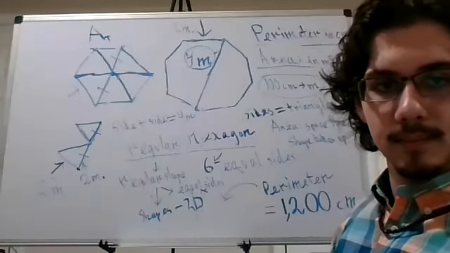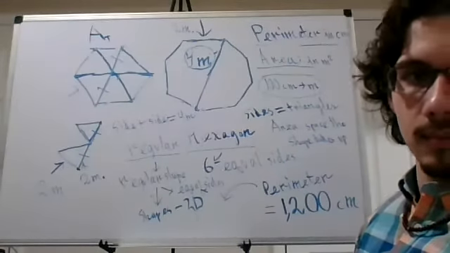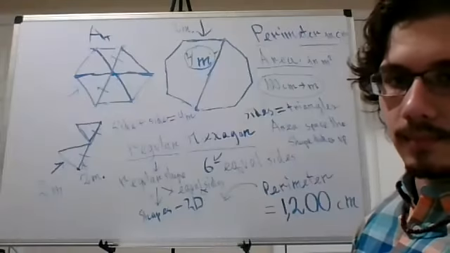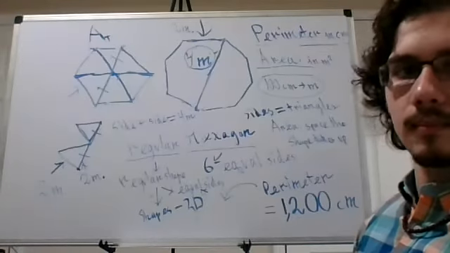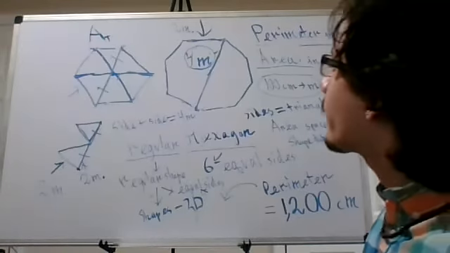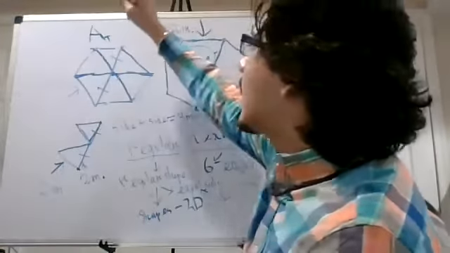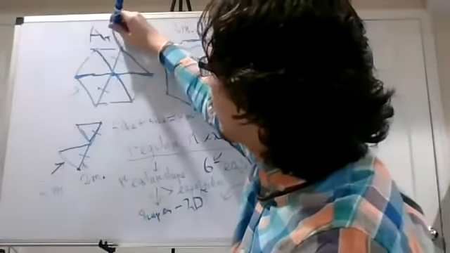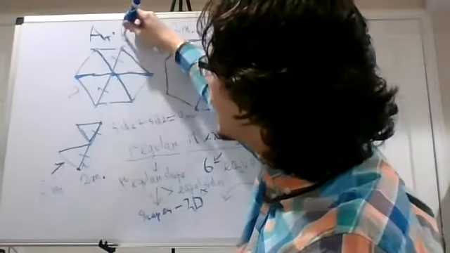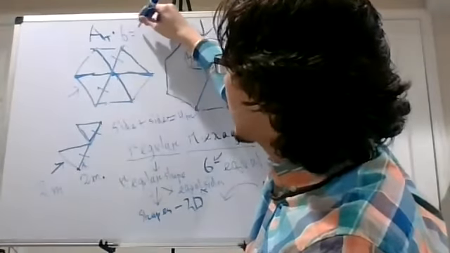If you have an area of one triangle and there are 6 triangles in a hexagon, you can simply times the area by 6. Perfect. So you can take the area of one triangle and multiply it by 6 to get the area of the whole hexagon.